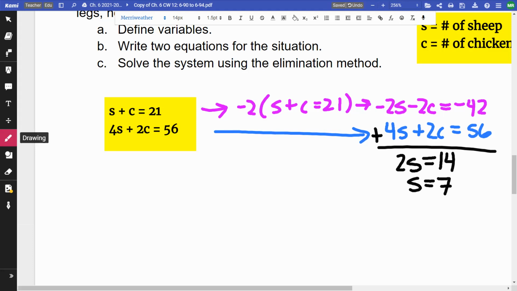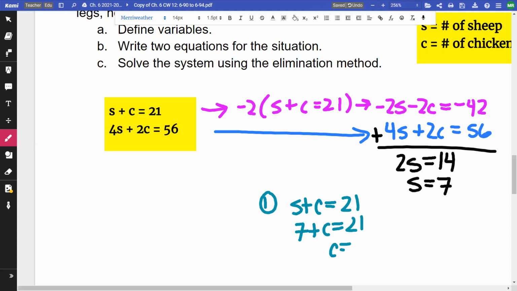So if I talk about equation 1, which is S plus C equals 21, I'm going to put 7 into this equation and my C is going to be 14. 7 sheep, 14 chickens. Make sure you guys submit this to me with this answer there.